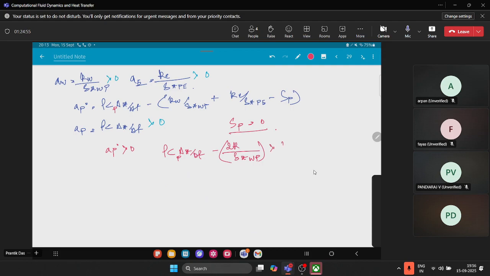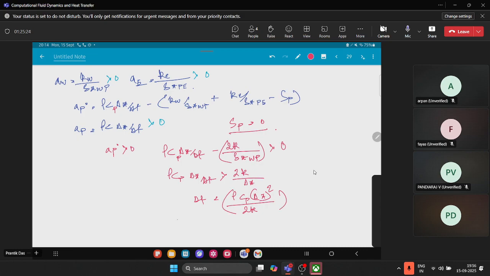So this is positive: rho Cp delta X by delta T is greater than 2K by delta X. So delta T should be less than rho Cp delta X squared by 2K.